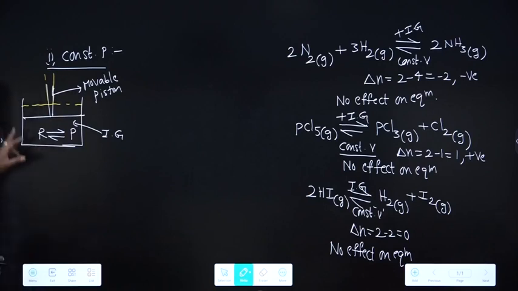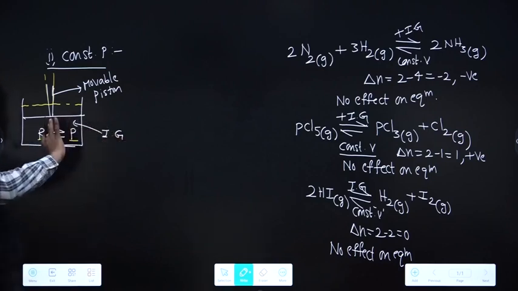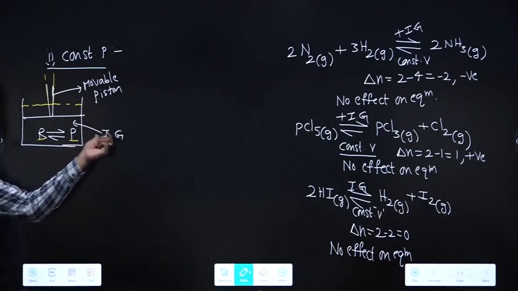Okay, on adding inert gas at constant pressure, what happens? Volume increases as we are taking movable piston. Now is there any change in the number of moles of reactant and product, or no change? No change in the number of moles of reactant and product, since they do not involve in the reaction with the inert gas.